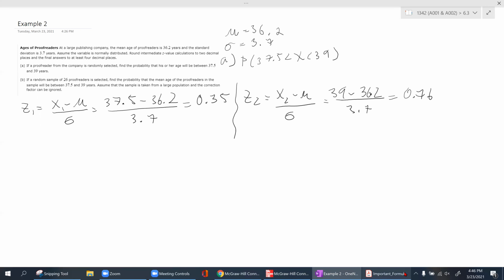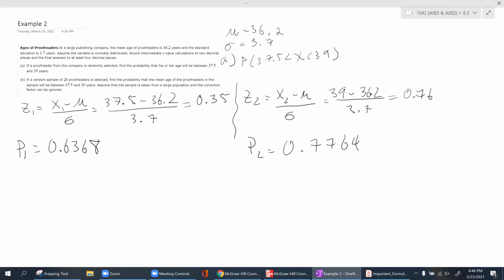And what do I need to do now? I need to find these probability values on your z table, table E. For the first one, for z equals 0.35, you get 0.6368. And for the other one, I get 0.7764.